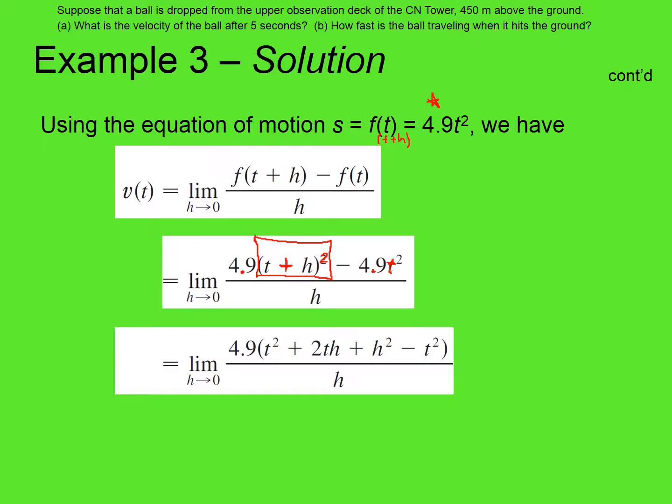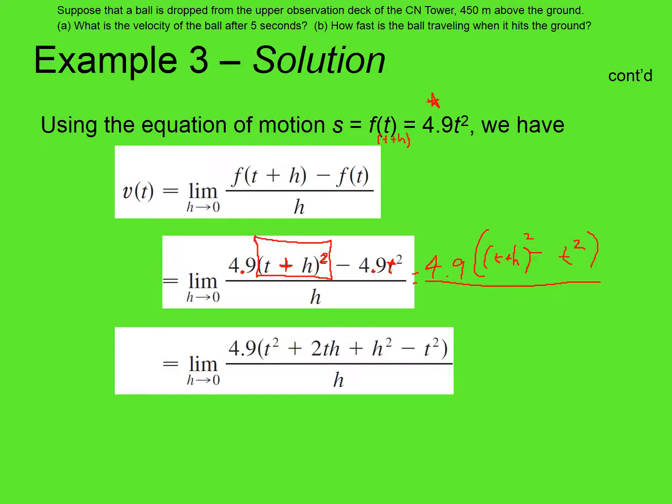So we could say, in the top here, that what we have is 4.9 times the difference of the two things, the first of which is the square of t plus h, and the second of which is the square of t.